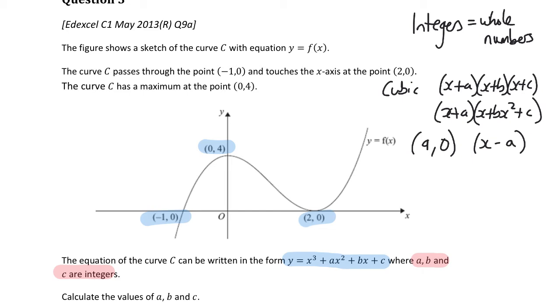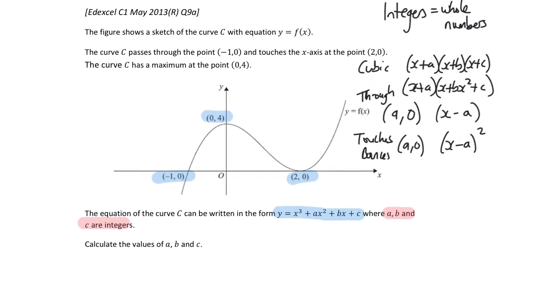I also know that if it touches, or bounces, at the point a, 0 on the x-axis, then x minus a squared will be a factor, because it's kind of going through twice. It's going through once, then instantly coming back out of it. So that's why we have that squared there.